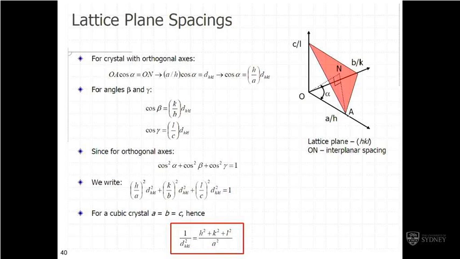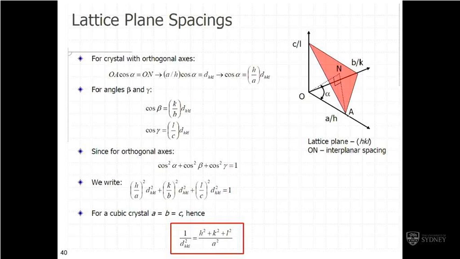And if you want to say we've got a cubic lattice, you make it really simple, you put all of these to be the same, then you end up with this expression for finding the interplanar distance if you are given the Miller indices. Okay, so that's a really nice relationship.